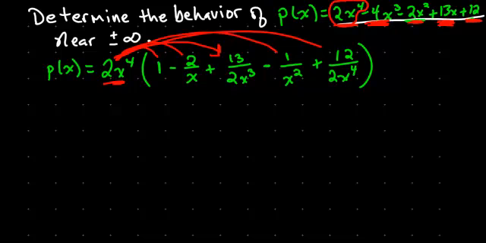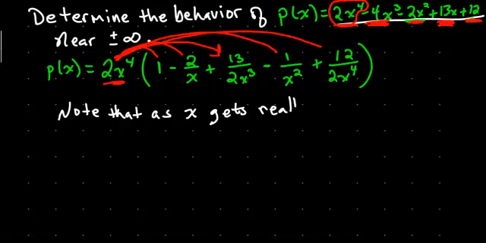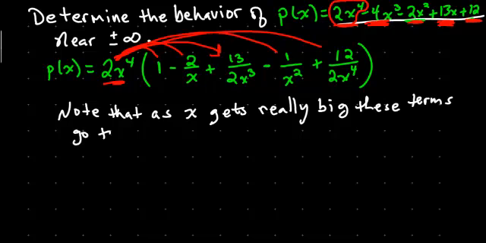And what we notice here is that as, let me write this down. Note that as x gets really big, these terms go to 0.